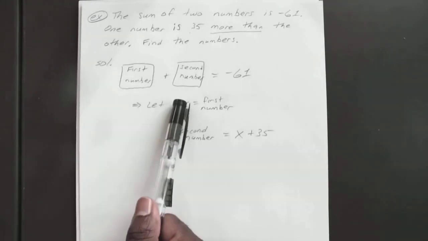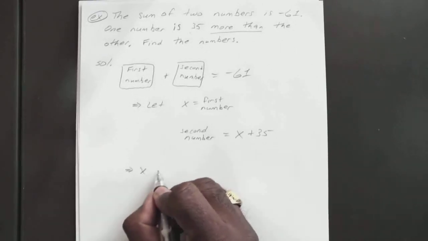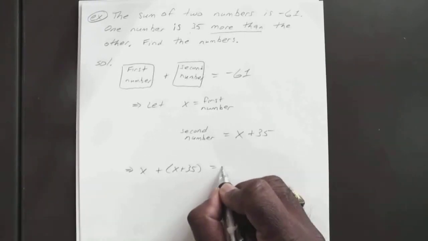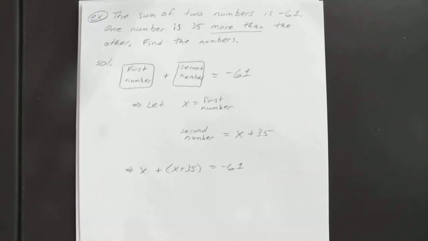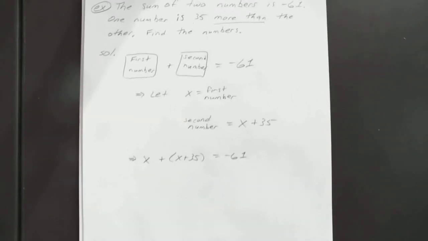So if our first number plus our second number is negative 61, that means that x plus x plus 35 equals negative 61. Any questions on that step? All right.